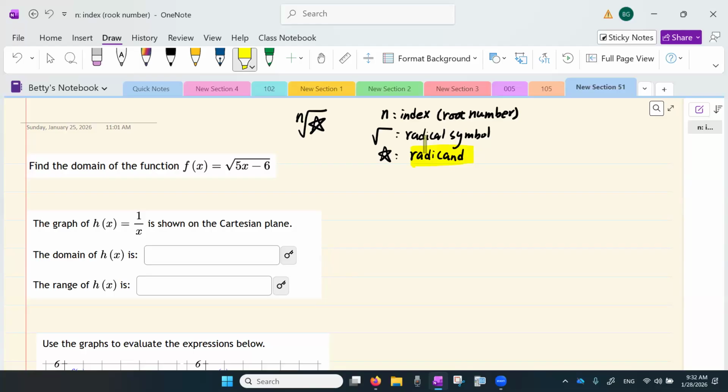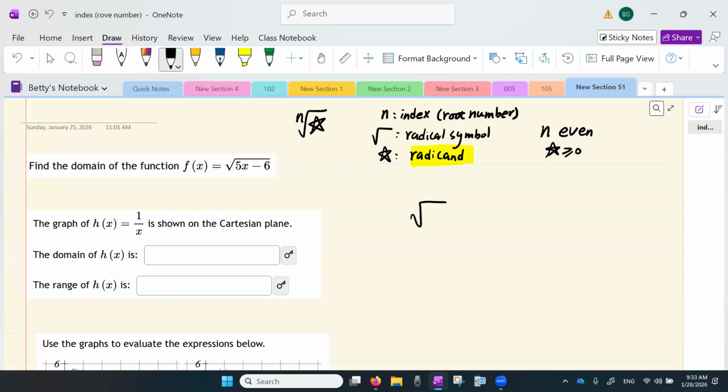Radicand. So very important. If we have a radical function and the index is even, then we require the radicand to be non-negative, okay? Because we are looking at the function in the real number set.